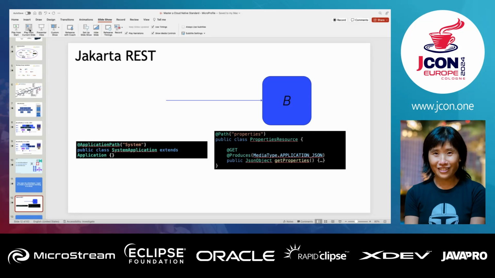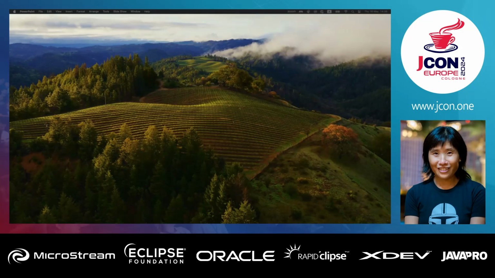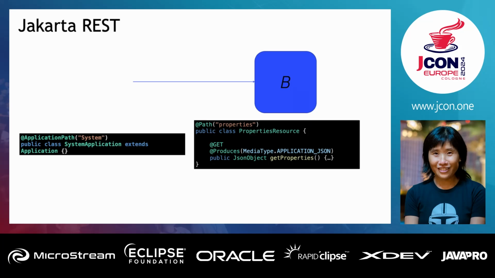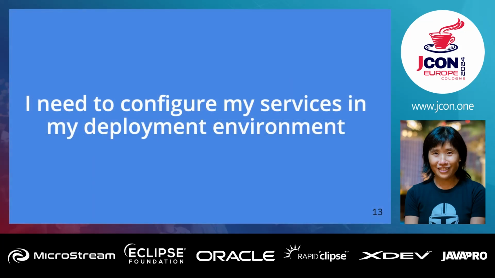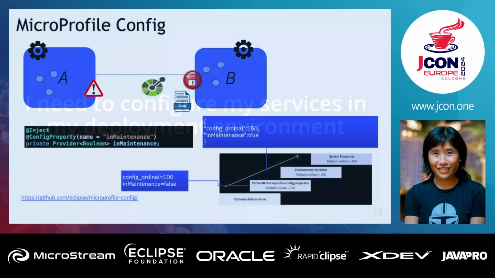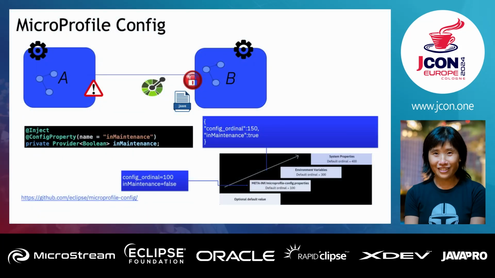The next thing you want to do is configure your microservice. For example, I don't really want to hard code JCON. I want to just inject a hello conference value, right? So that's how it will work. Basically, you define the variable, and automatically a value is supplied from somewhere. This is where MicroProfile Config comes in.